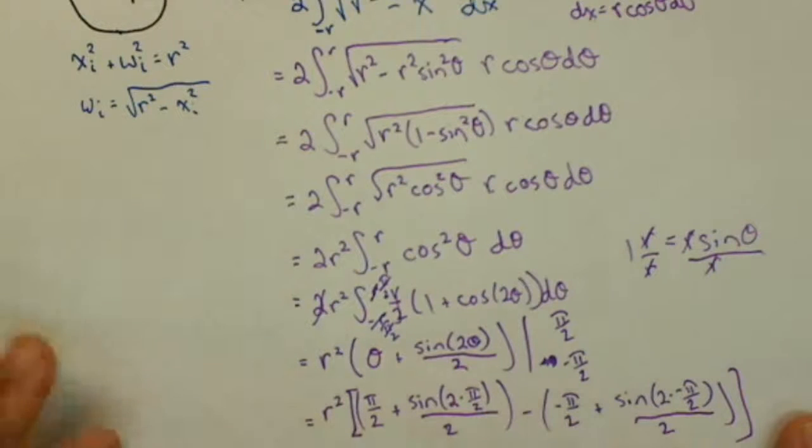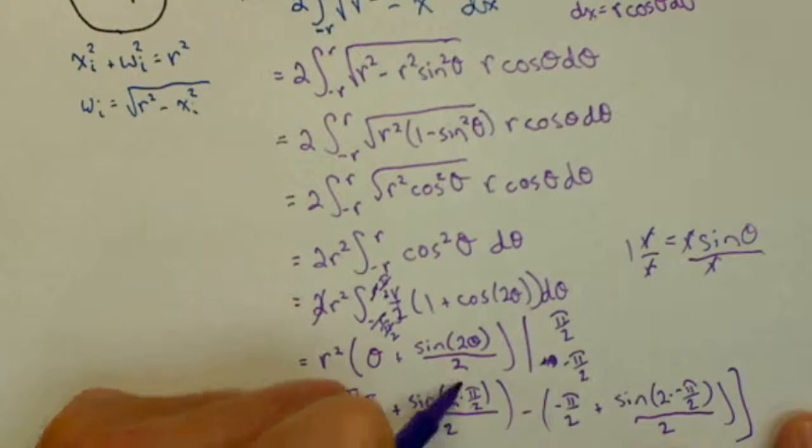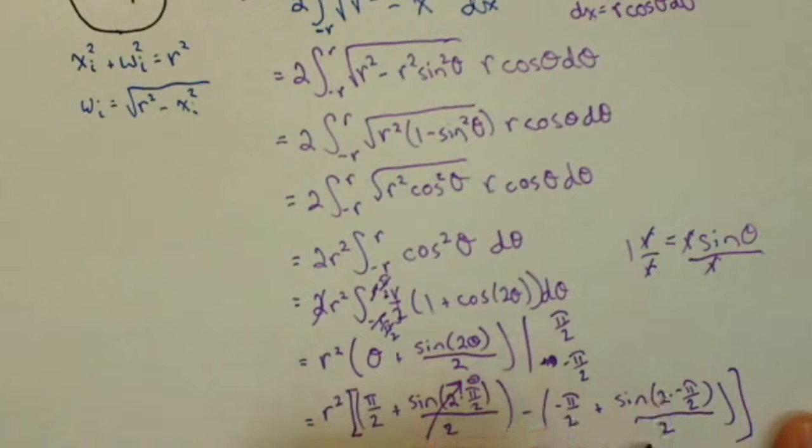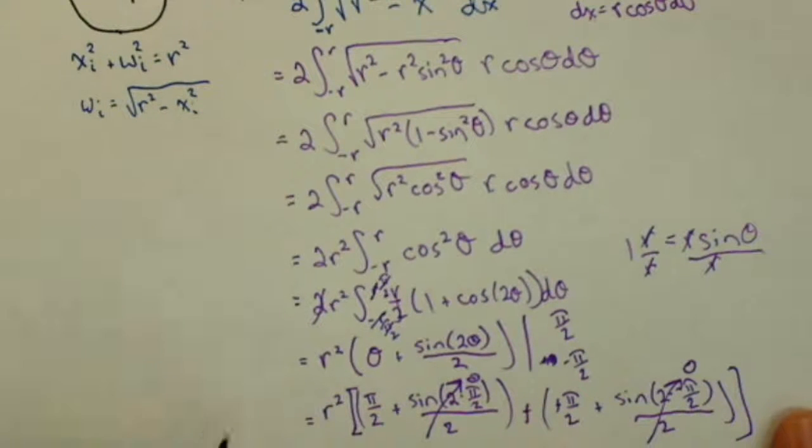And I'm kind of messy right now, but this is going to simplify real nice because 2 times pi over 2 is pi, sine of pi is 0, so this term is 0. Similarly, this term is going to be sine of negative pi, so it is also 0. And we got pi over 2 minus a negative pi over 2, or plus pi over 2.